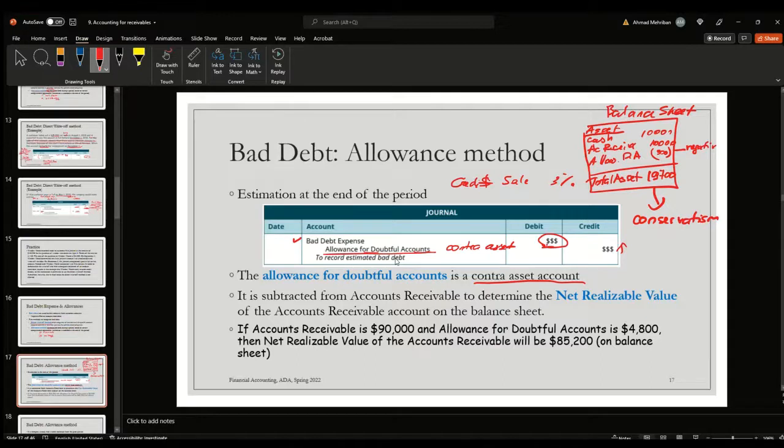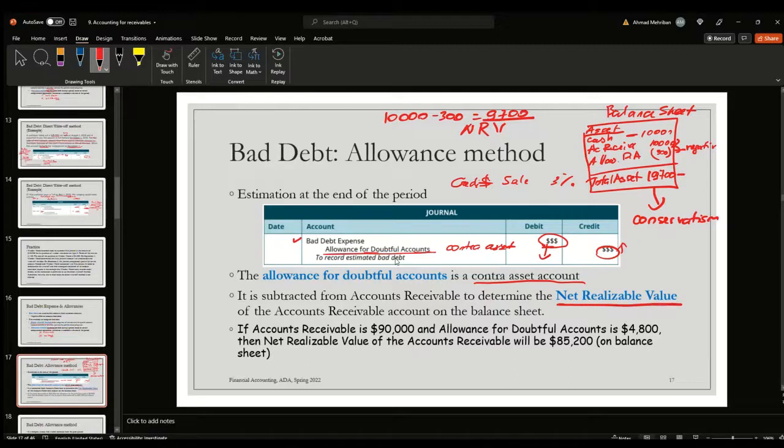We make the roughest estimation possible that this amount is not going to be collected. So accounts receivable 10,000 minus 300 is going to be 9,700, if we don't take into account the cash side. This 9,700 is going to be NRV, which is net realizable value.